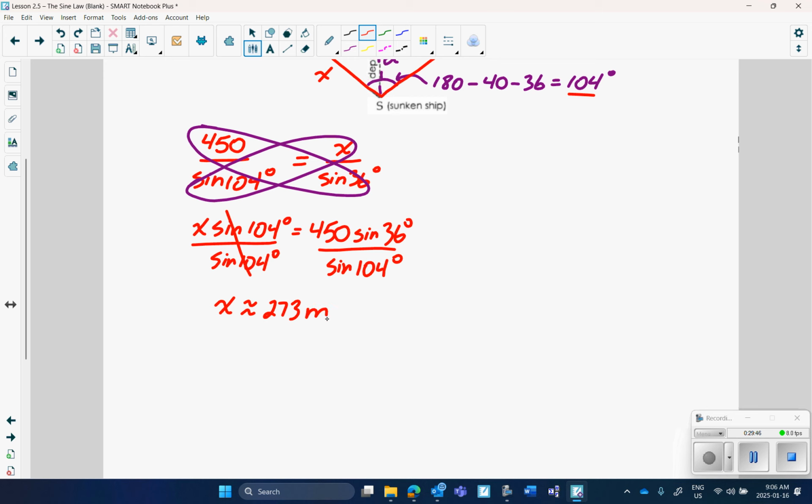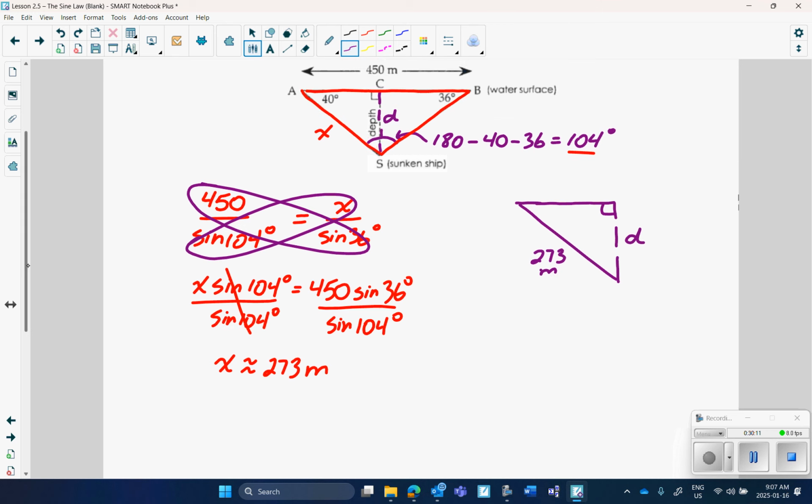So now if we focus on that right triangle on the left, we know that's 90. This is what we're trying to find. We just found this as 273 meters, and we know that this is 40 degrees.